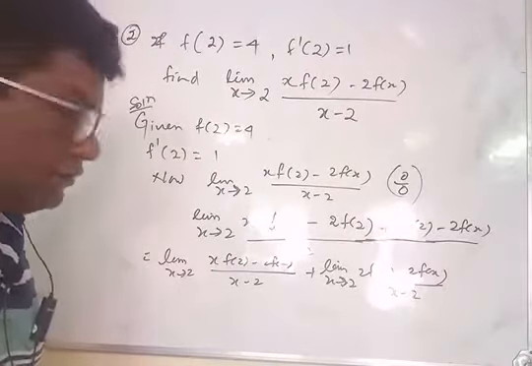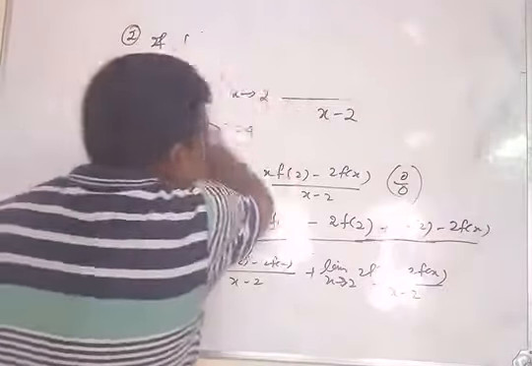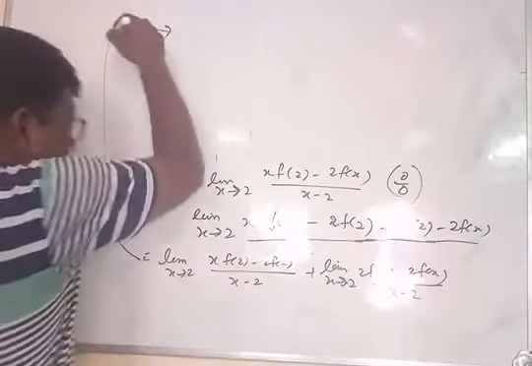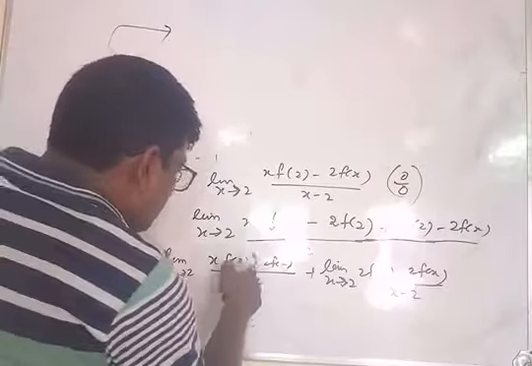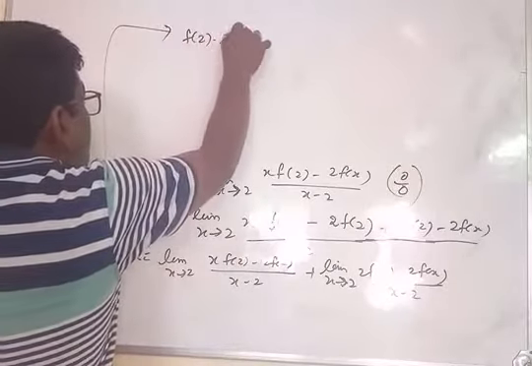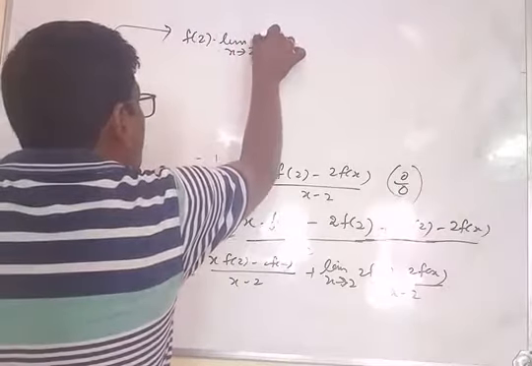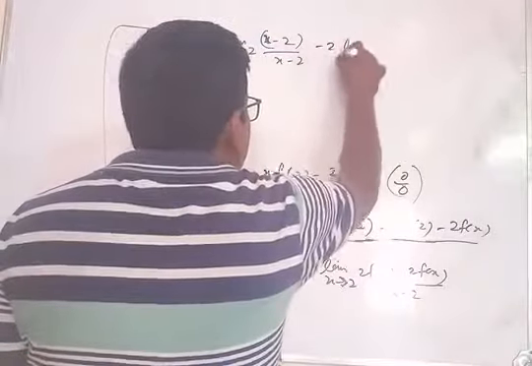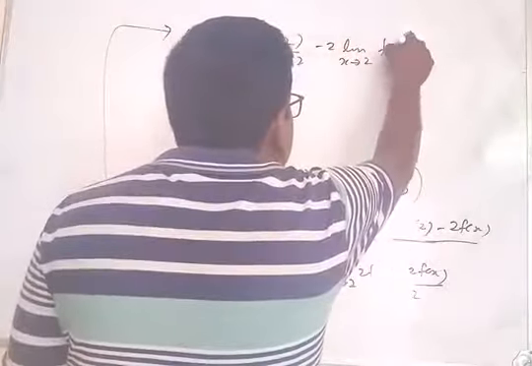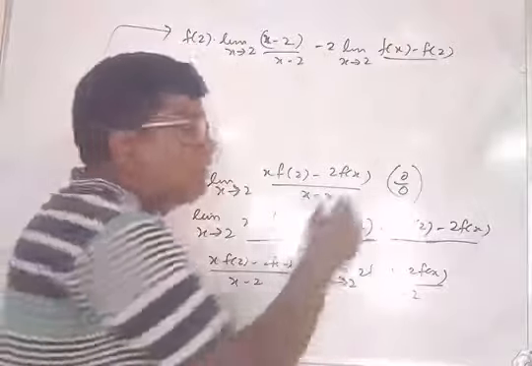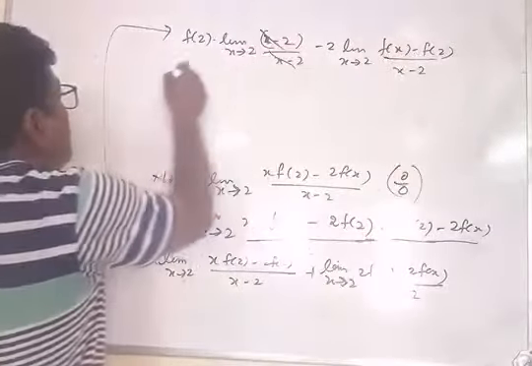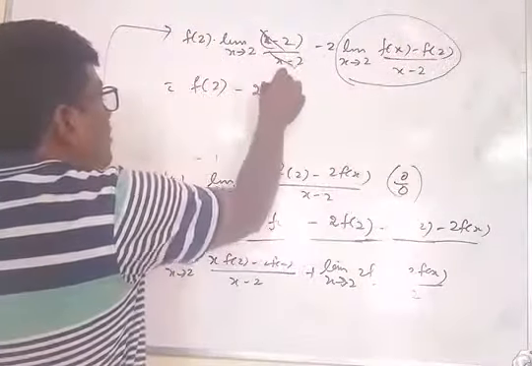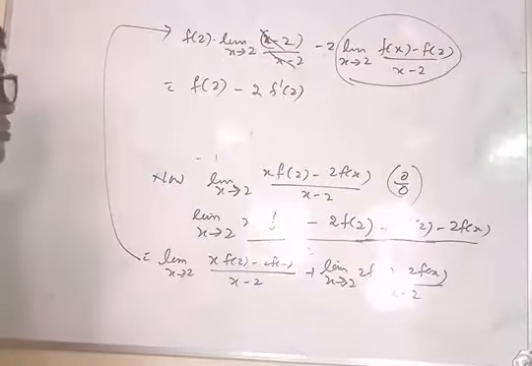Now from this, taking f(2) common: f(2) into limit x tends to 2 of (x − 2) by (x − 2), minus 2 common, limit x tends to 2 of (f(x) − f(2)) divided by (x − 2). The first cancels, leaving f(2) minus 2 into the formula for this, f′(2).